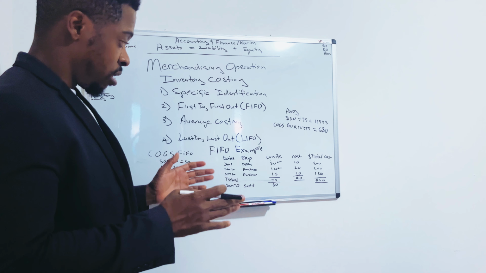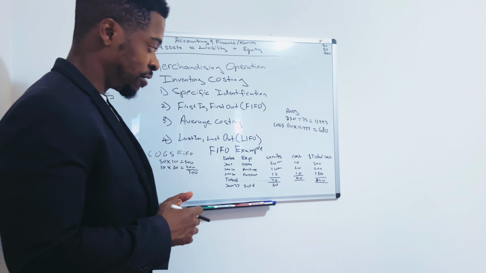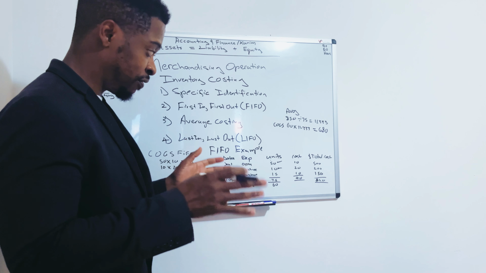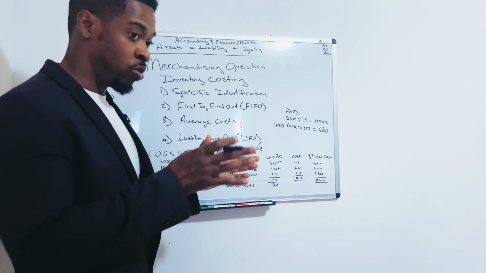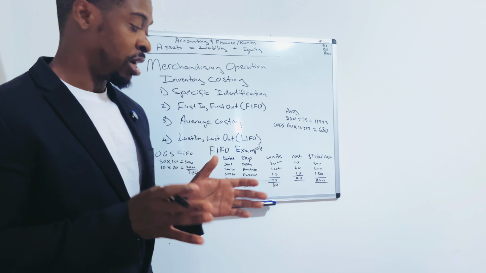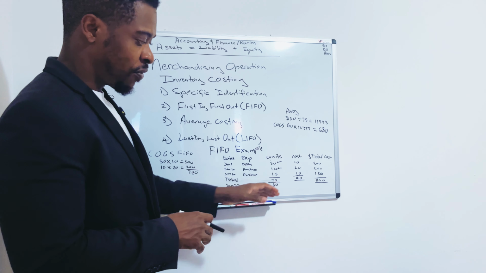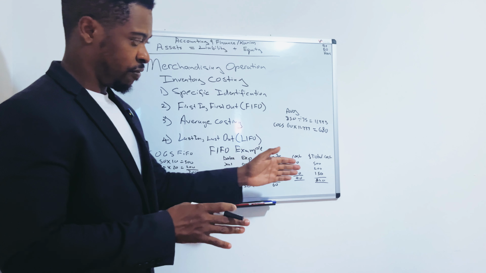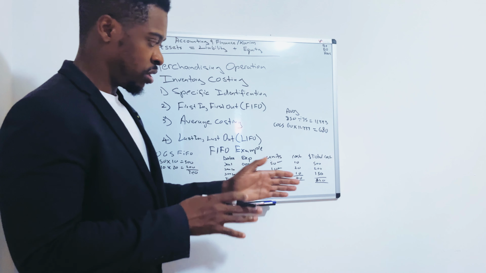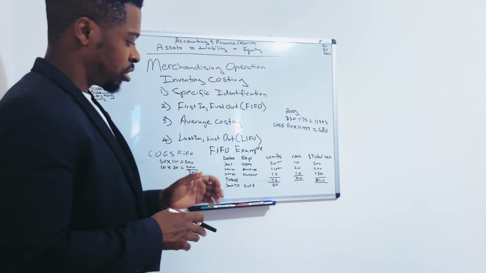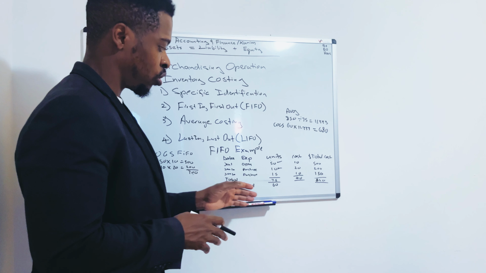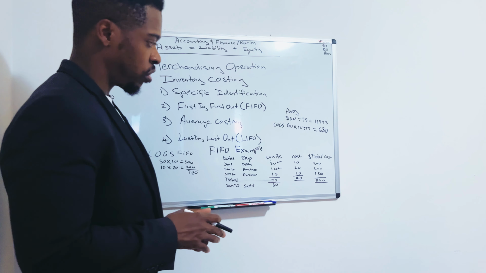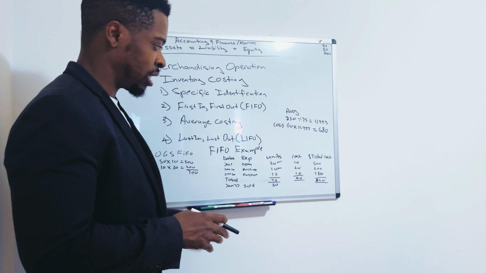So in total we have 75 units, but different batches of units have different costs, right? So 75 units and we have 850 in total cost. So on January 27th, we sold 60 units. So how much should we allocate to cost of goods sold?